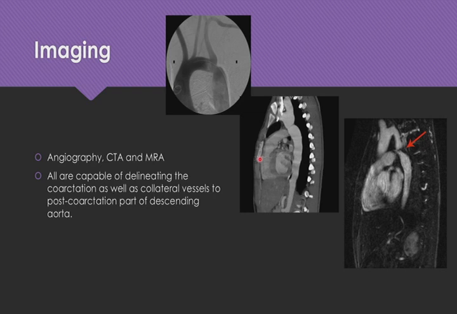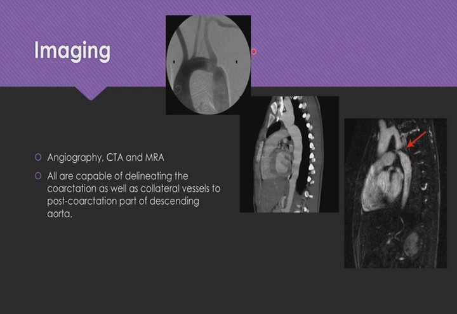Angio-CT also requires contrast administration and radiation exposure, but it can identify very well the narrowing and also the dilated vessels, as well as angio-magnetic resonance, which does not necessarily require the administration of contrast, and it uses no radiation.